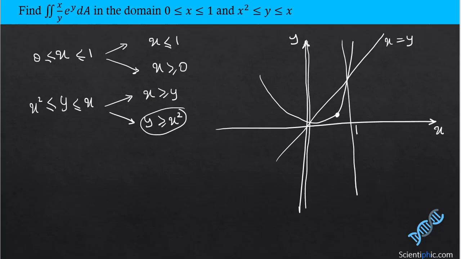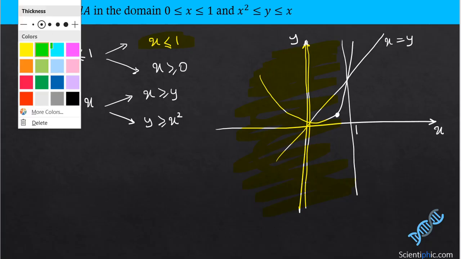Now let's see what region we have to consider. The first one is x has to be less than 1. So all this region is related to this inequality. But when we look at the second inequality, it says that x has to be greater than or equal to 0. And that is here.